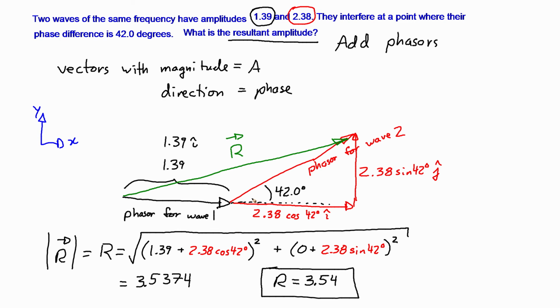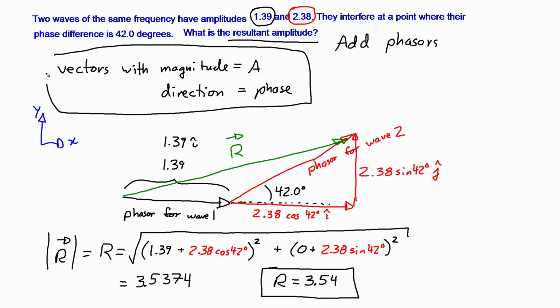The idea of phasors again is that a phasor is a vector where the magnitude of the vector is equal to the magnitude of the wave, and the direction of the vector is equal to the phase of the wave. If we have our xy axes, you measure the phase counterclockwise from x. So 42 degrees was in the top right quadrant.